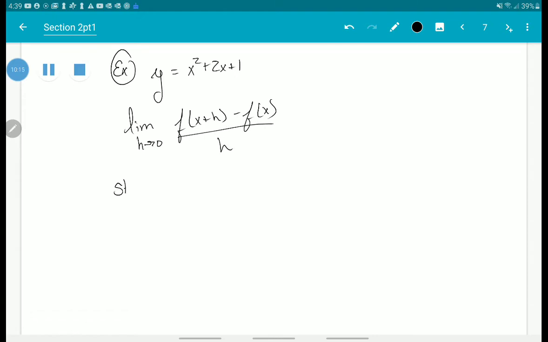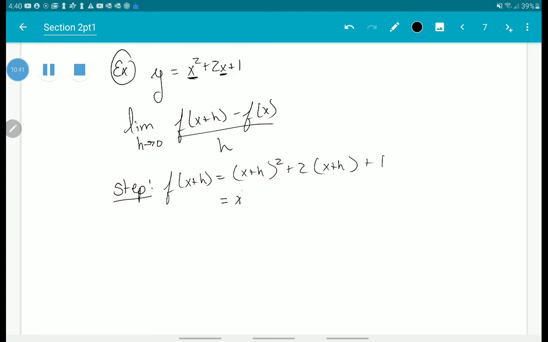So if you remember, we broke this down into a few steps before. Our first step would be to find f of x plus h. So to find that, we're going to substitute x plus h in for every x into the function. So we're going to have (x plus h) squared, plugging in there, plus 2 times (x plus h), substituting in there, and then plus 1.